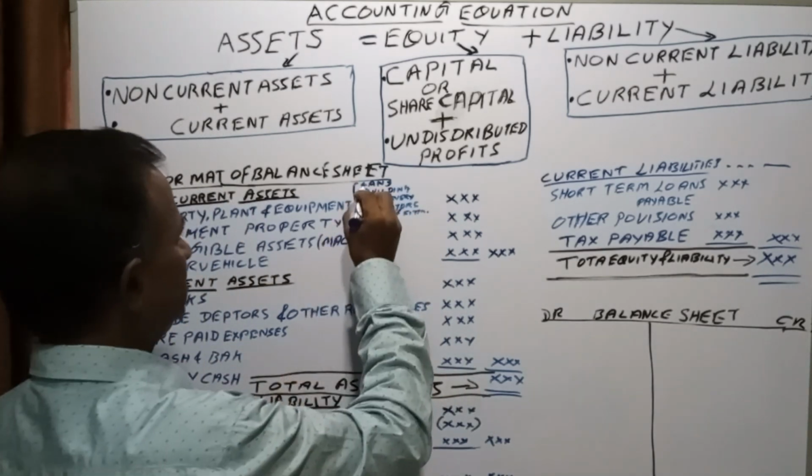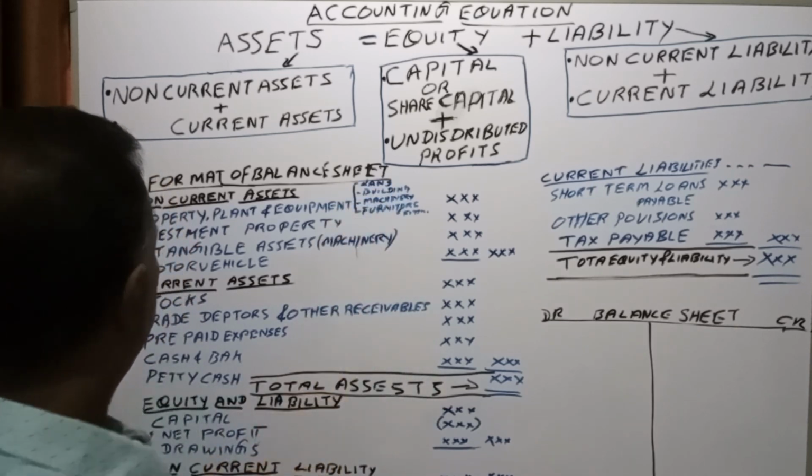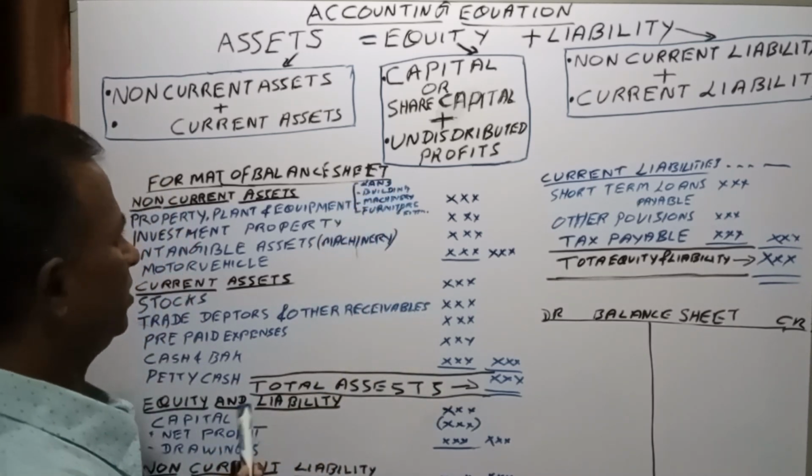All of these consist of property, plant and equipment.